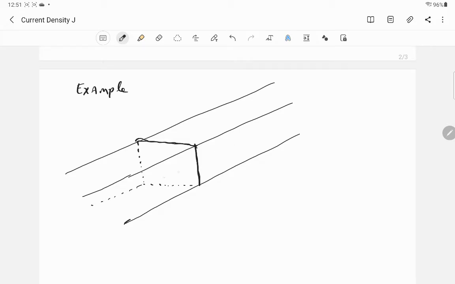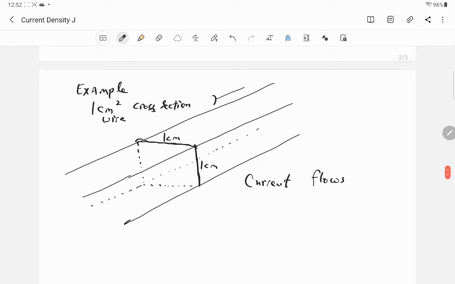I hope you can sort of see what I'm drawing, right? So it's a 1 centimeter square cross section wire, right? So this is 1 centimeter by 1 centimeter. And current flows, let's say in this direction, right? So that will be the current flow.